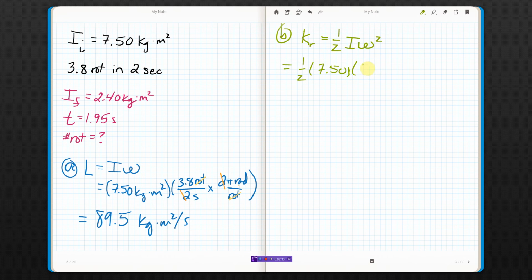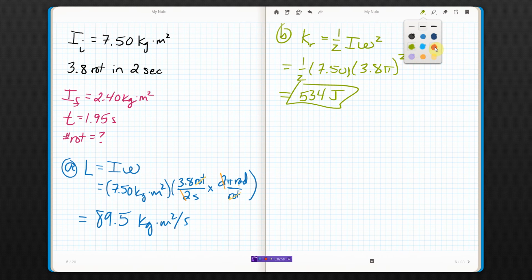I'm just going to throw in the 3.8 pi, squared. Don't forget the square. Put that in the calculator, and I get 534 joules. Okay, now C.